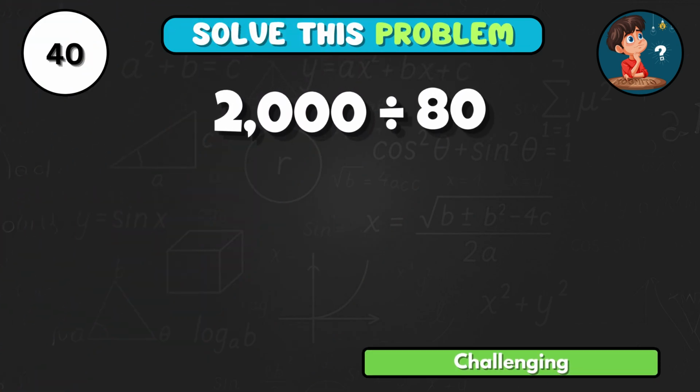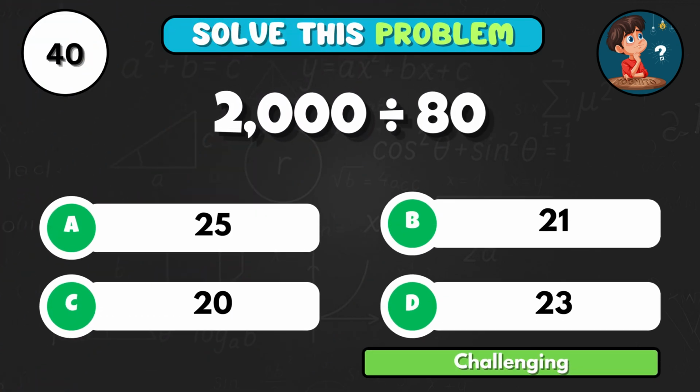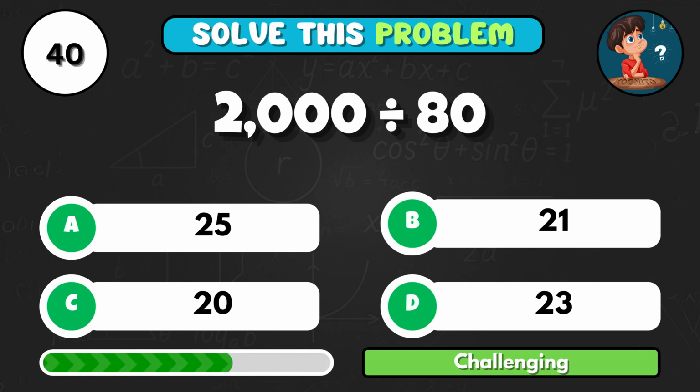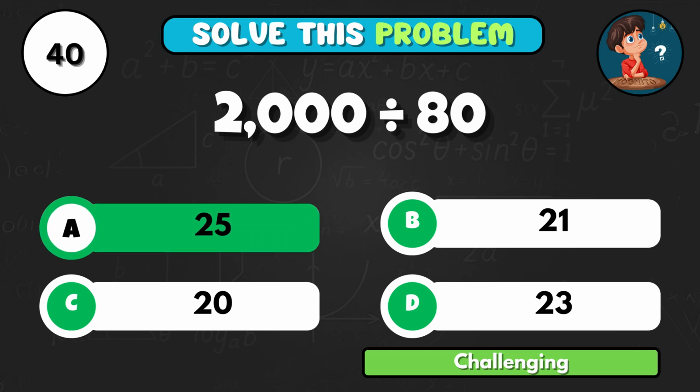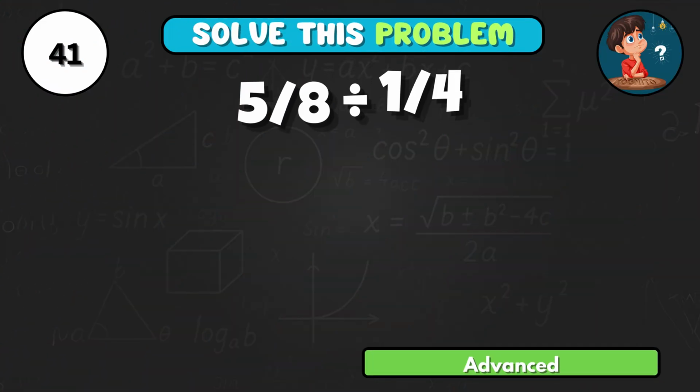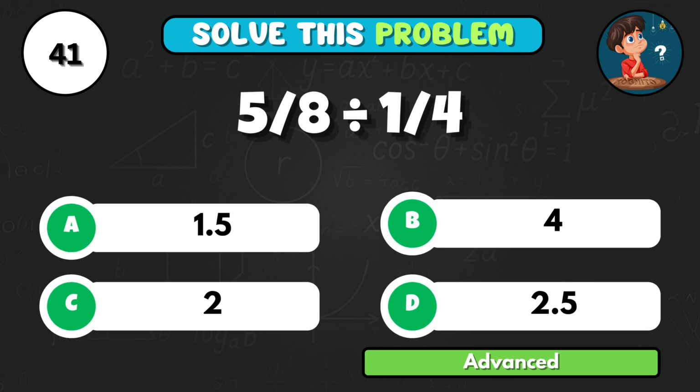2,000 divided by 80 equals what? It equals A, 25. 5/8 divided by 1/4 equals what?